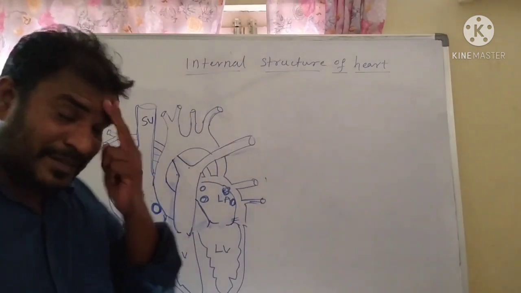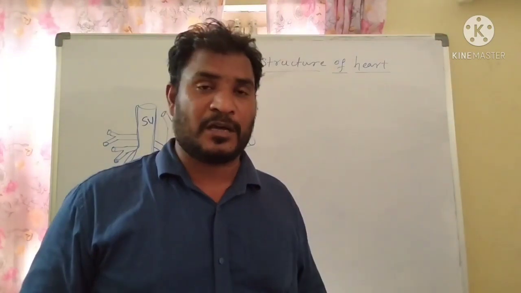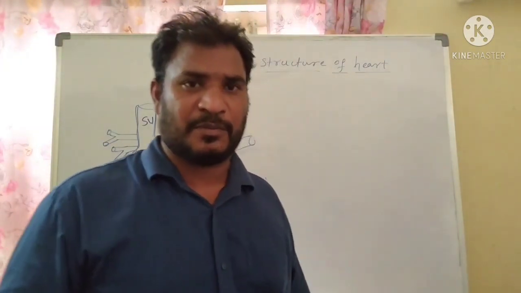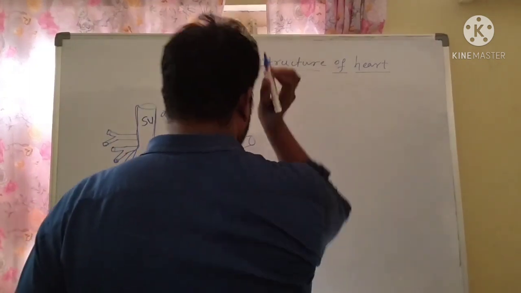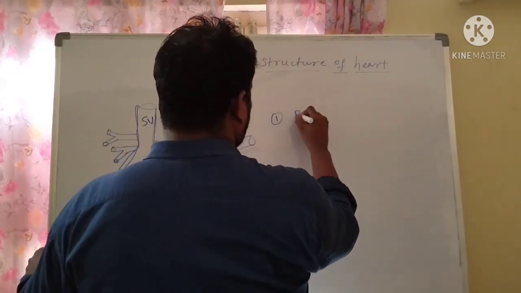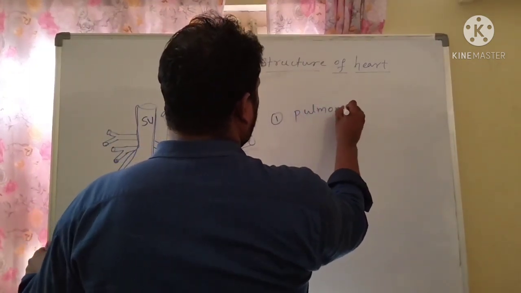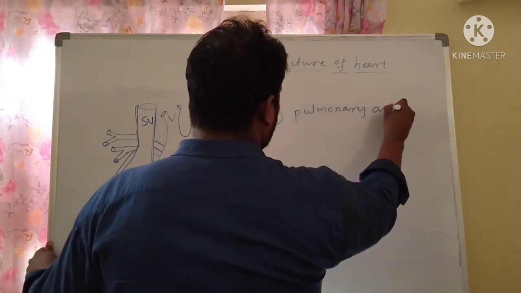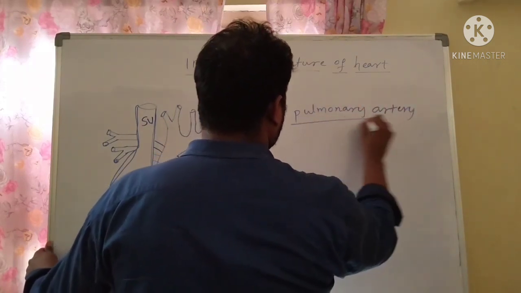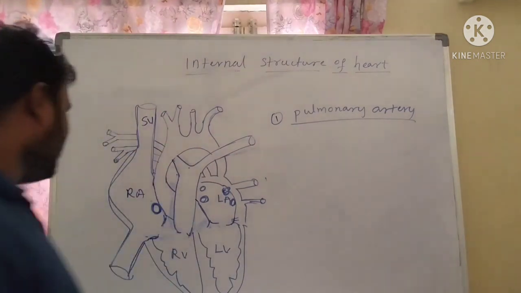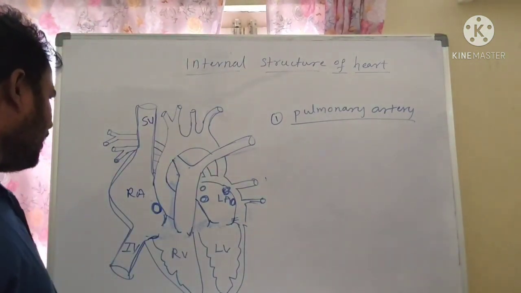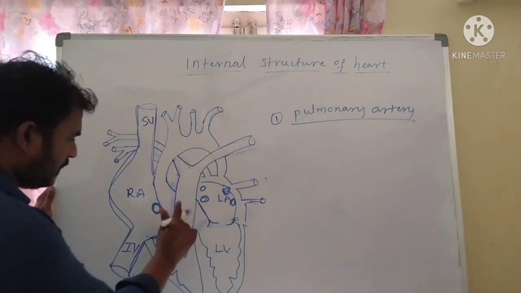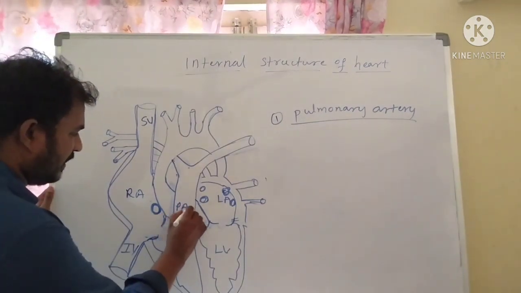Now, what are the blood vessels which carry the blood away from the heart? The first one, the pulmonary artery. This is the pulmonary artery.